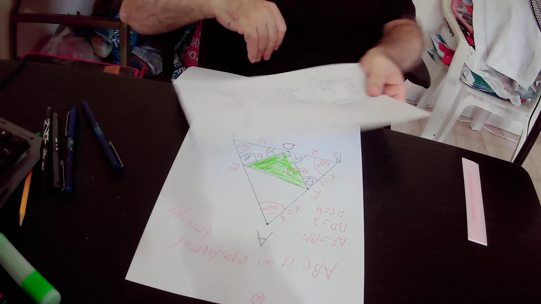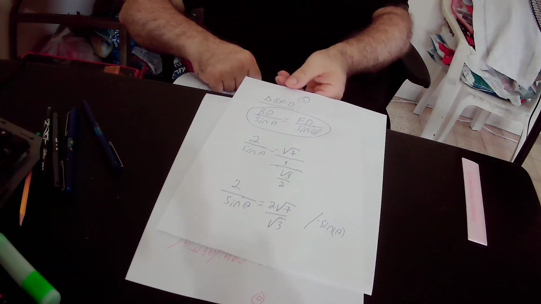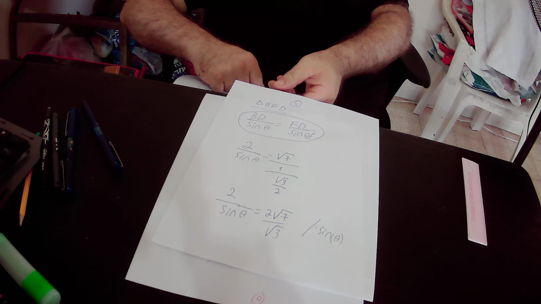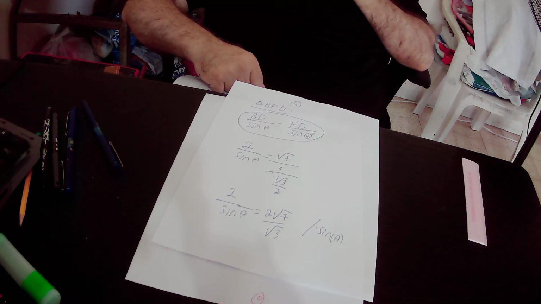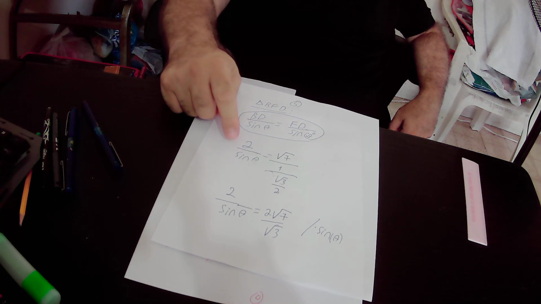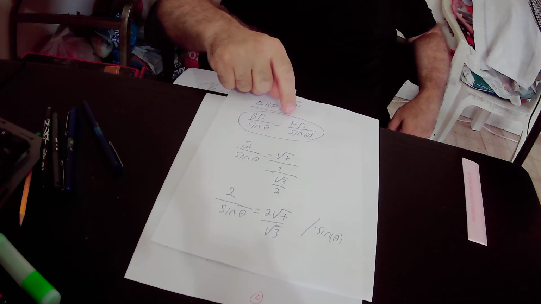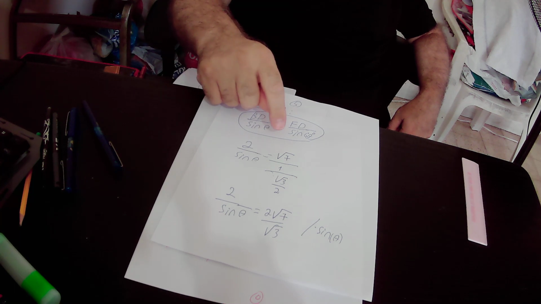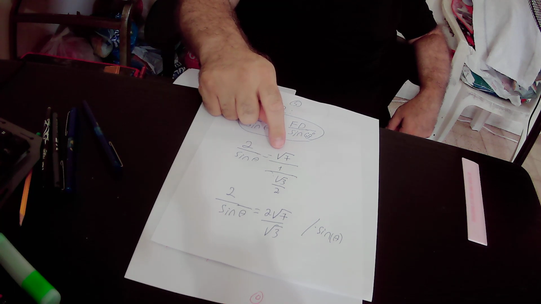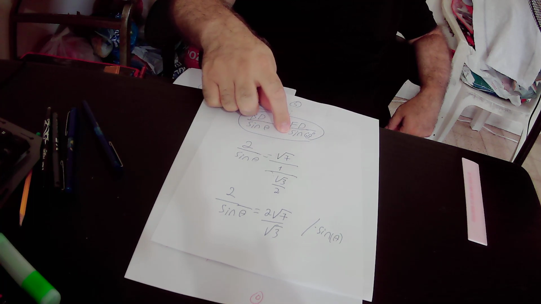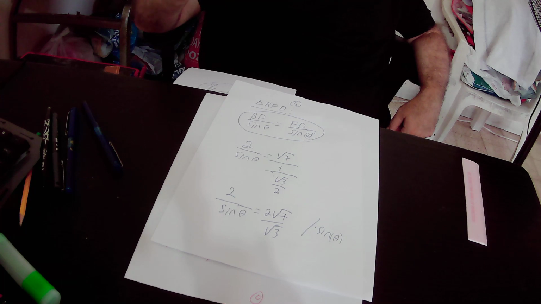We know that BD equals 2, FD equals A, which equals root 7 units, and sine 60 degrees equals root 3 over 2.